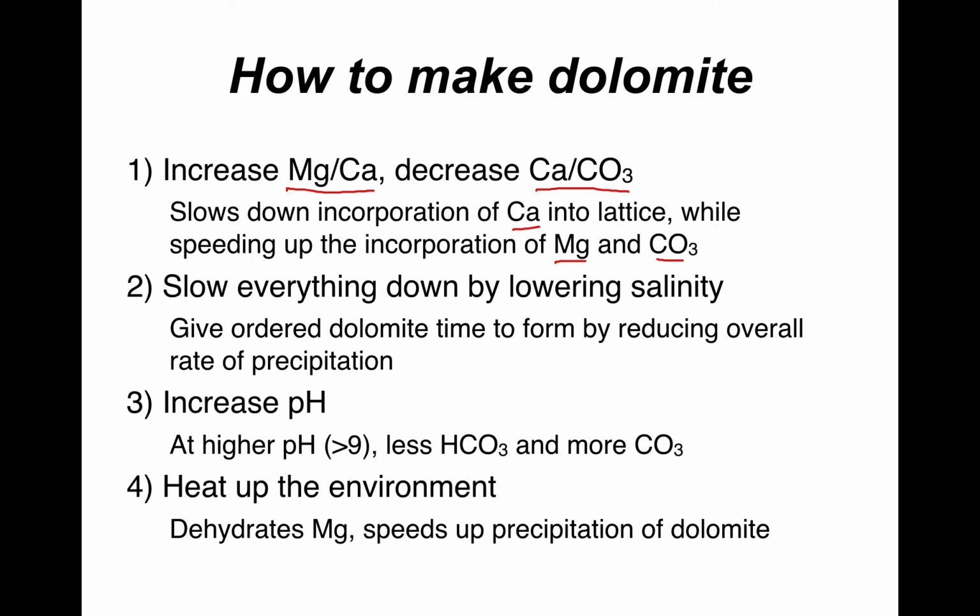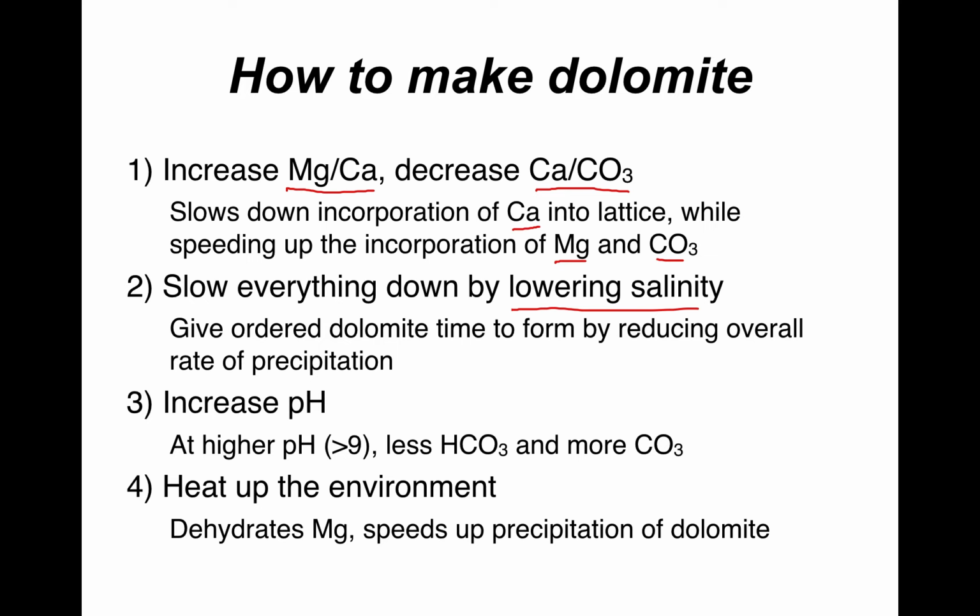You can also slow the growth of calcium carbonate and slow everything down by just lowering the salinity of seawater, and that gives ordered dolomite time to form by reducing the overall rate of carbonate precipitation. So this would be not necessarily speeding up dolomite so much as slowing down the growth of calcite.